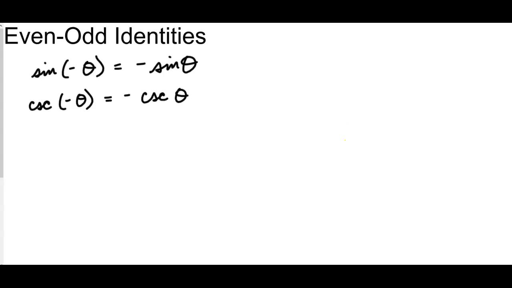Now cosine is an even function. So cosine negative theta is equal to just cosine theta. That one's particularly helpful sometimes because you're able to get rid of the negative sign. If you think about the graphs of what we know about even and odd functions, that's fun to think about too.